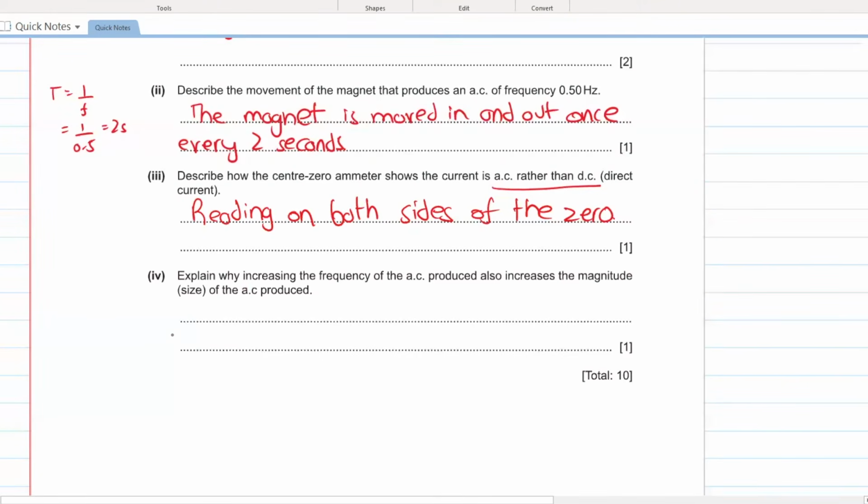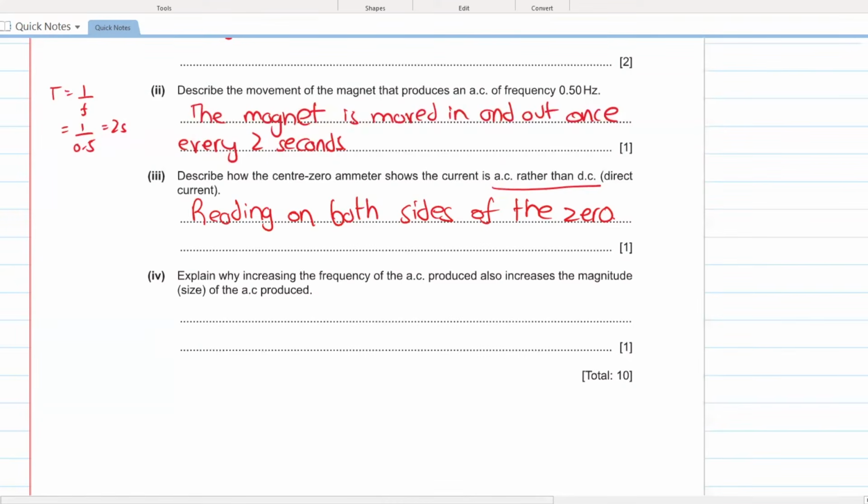Explain why increasing the frequency of the AC produced also increases the magnitude or size of the AC produced. Why does increasing the frequency of the magnet's movement increase the magnitude of the AC current produced?